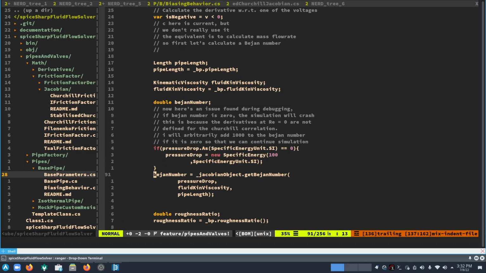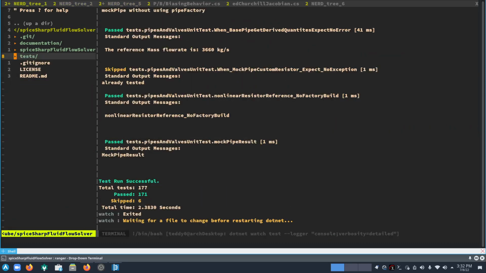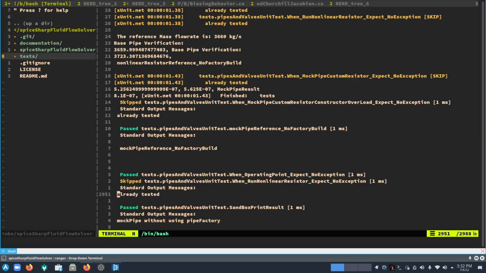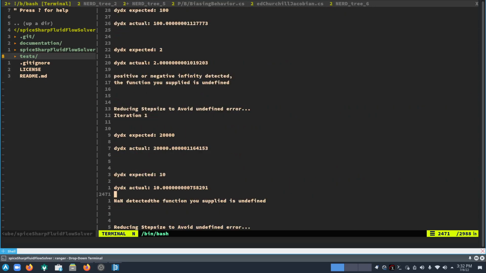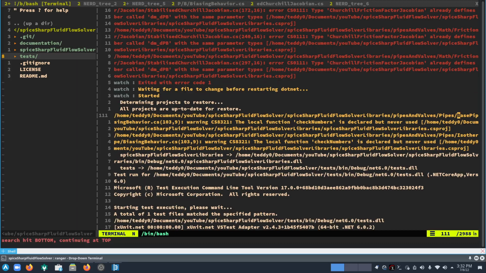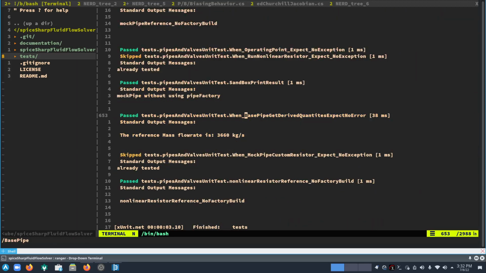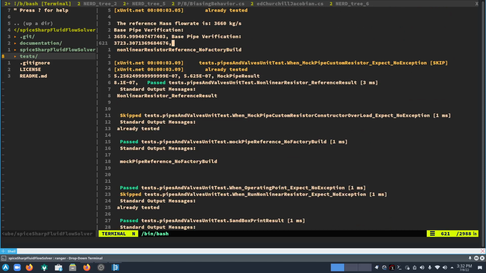Okay, so now let's take a look at the results. The results are over here, and let me search for BasePipe. So we have a reference mass flow rate.